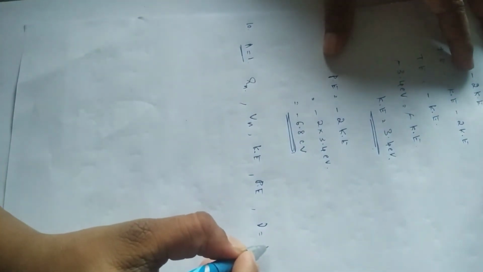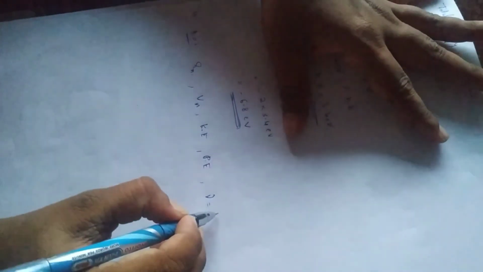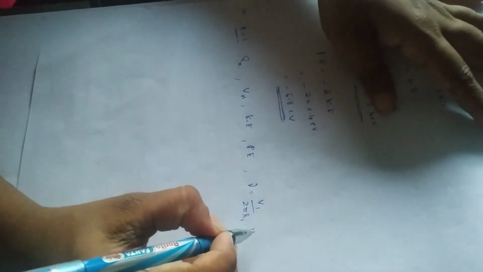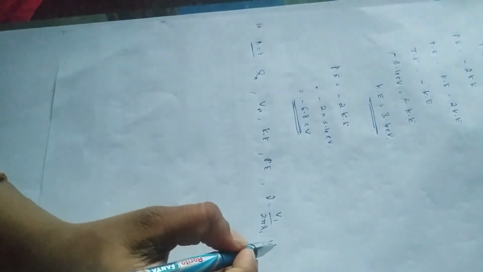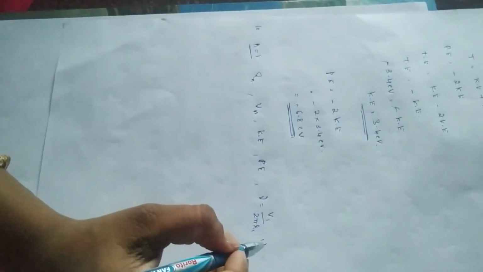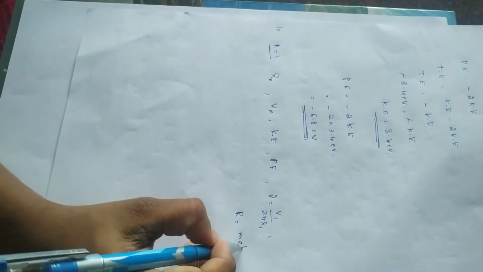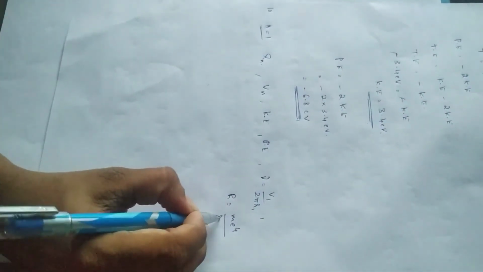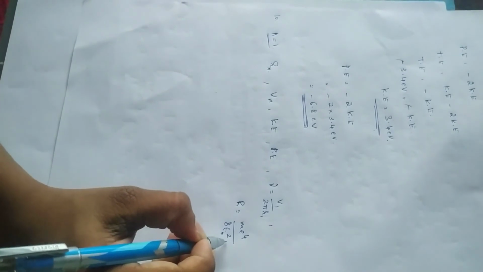Frequency of revolution is v by 2 pi r, that is v1 by 2 pi r1 for frequency. And one more question is to find the Rydberg constant R. Rydberg constant R is given as m e power 4 divided by 8 epsilon naught square h cube c.